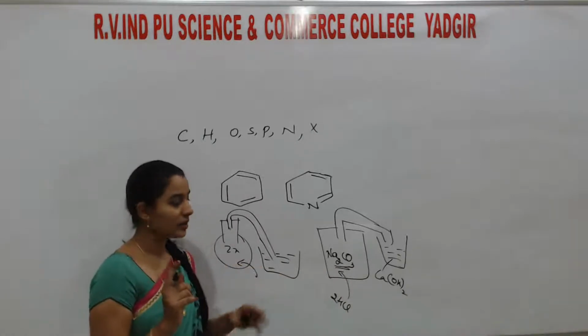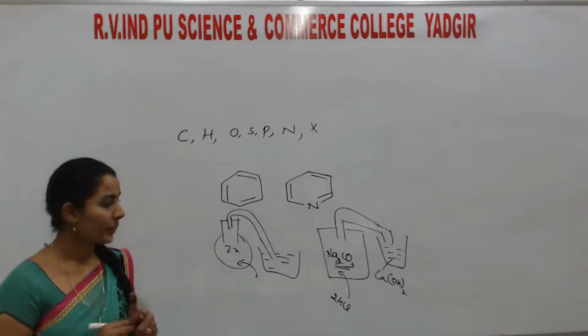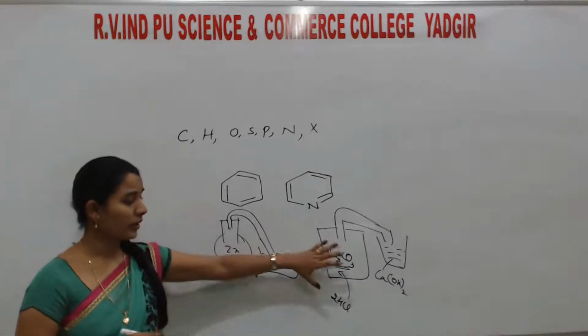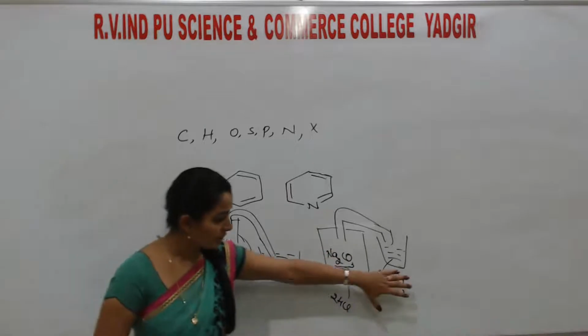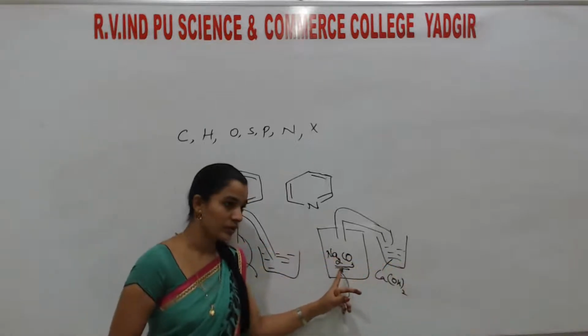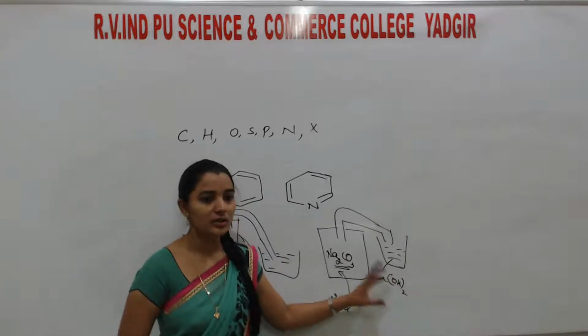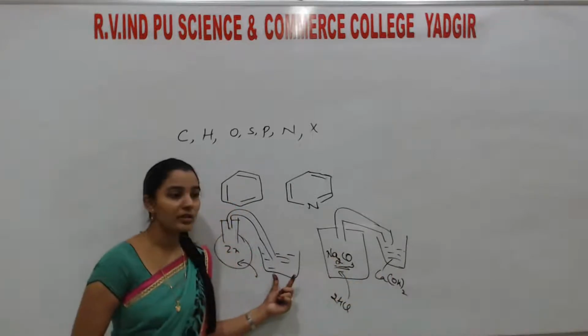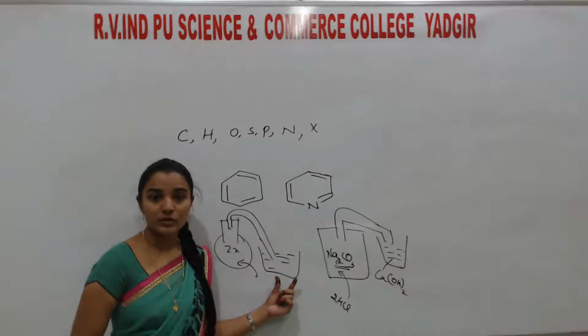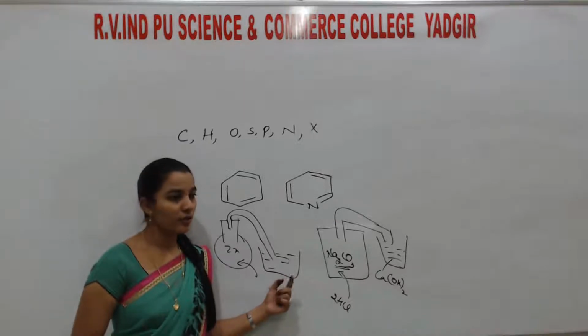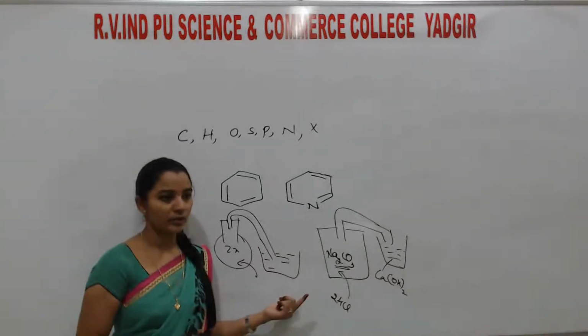That is one test, and also the confirmatory test. If it turns milky, then only CO2 is liberated. If the result is negative, this is absent. Here also, if bubbles are formed, then we can confirm H2 is liberated. If not formed, then H2 is not liberated.